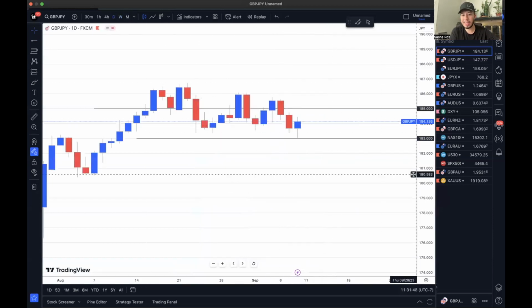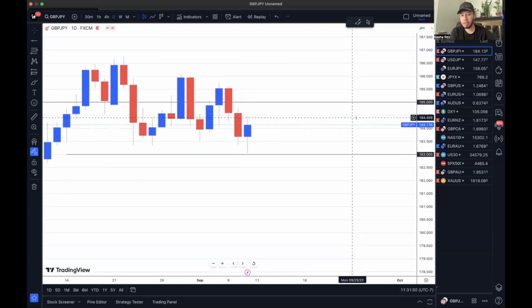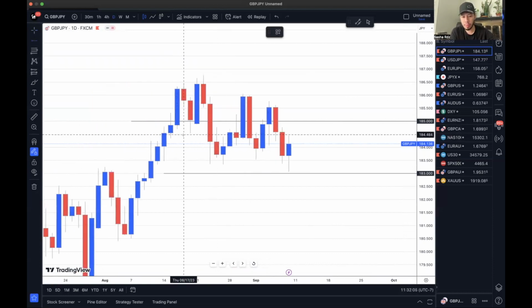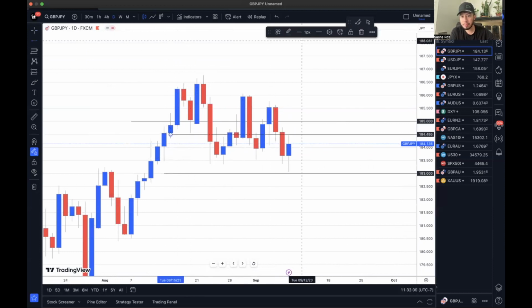Then you want to go to the daily. On the daily, you start zooming in. You start drawing your closest psychological levels, but on your daily. You guys can see that once we zoomed in, we got the 184.50, 184, 183.50. Same thing, draw the horizontal. Draw the 184.50.